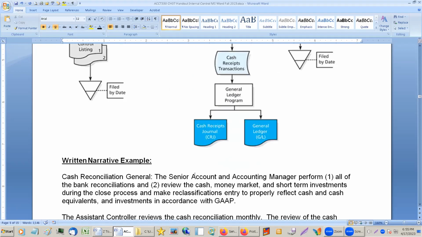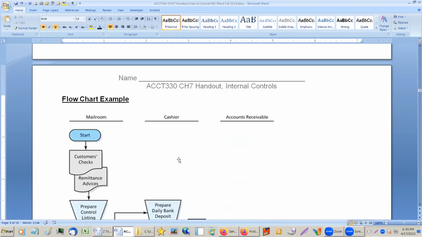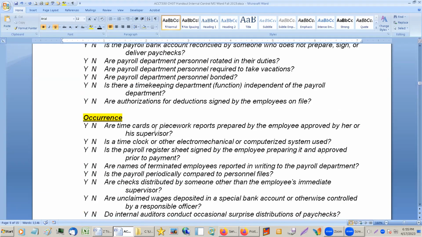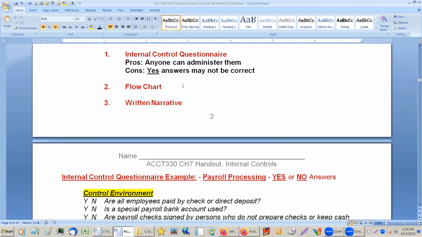Yeah. So this is a flow chart. Good thing about flow charts is that for experienced people, experienced auditors can read them. So that's a good thing about flow charts.